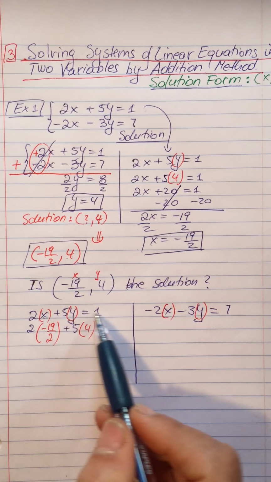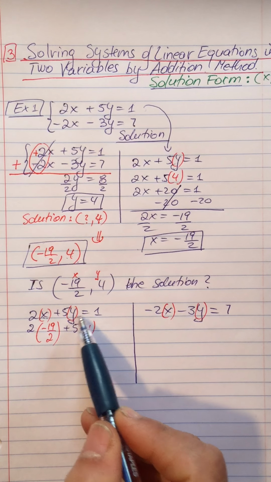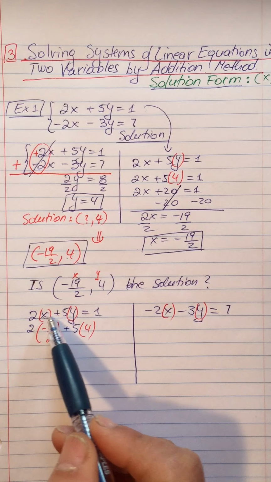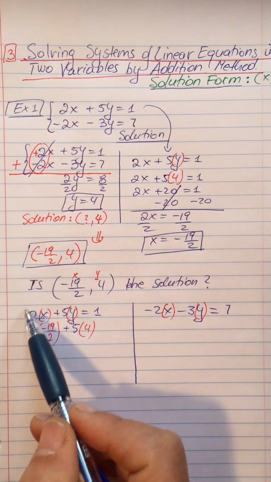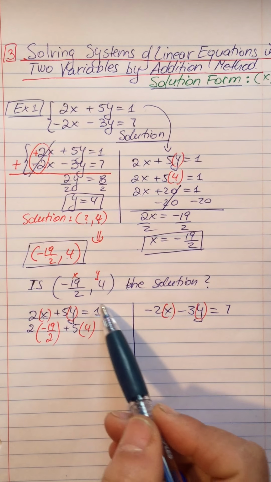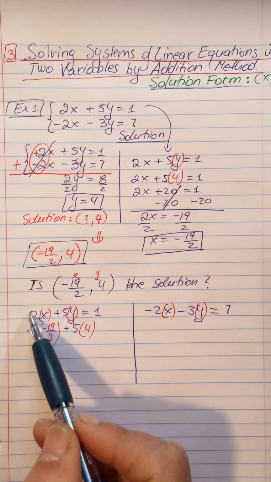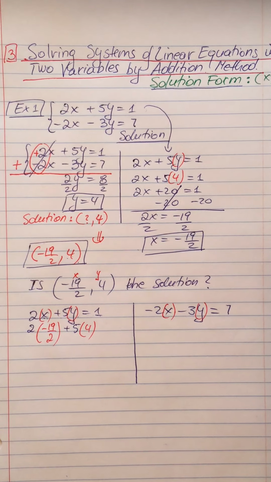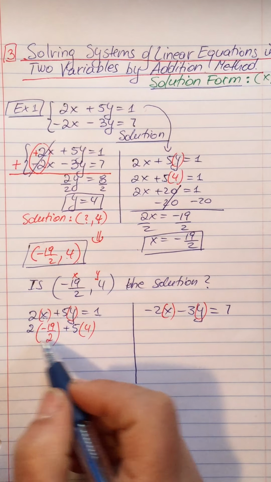If the equation 2x plus 5y equals 1 is true, what does it mean? The equation is stating that the left side is equal to the right side. So the left side must be 1 in order for the equation to be a true statement. Let me work on the left.